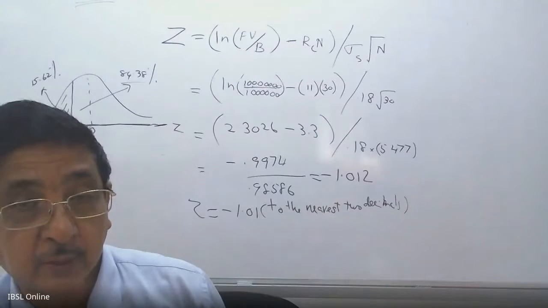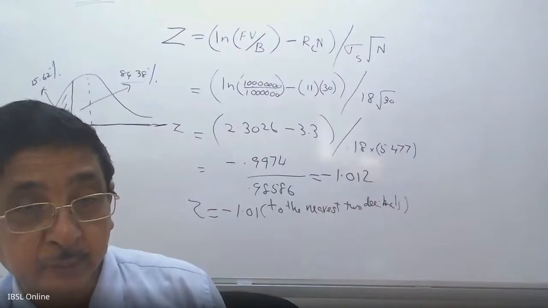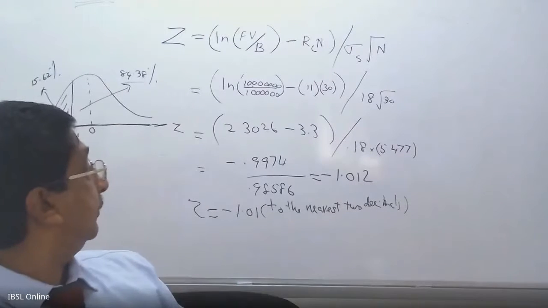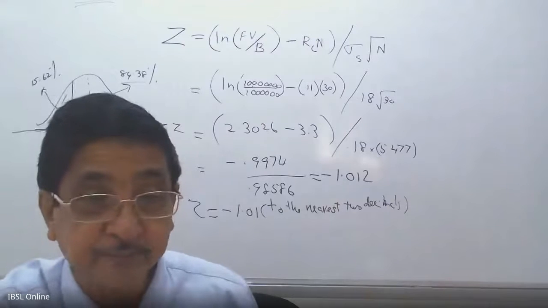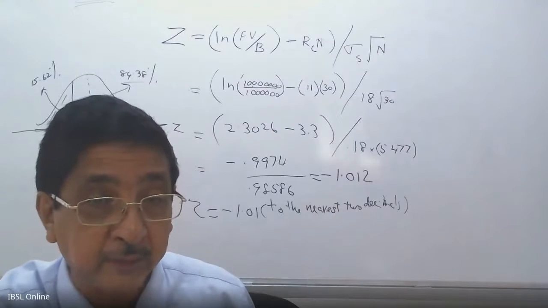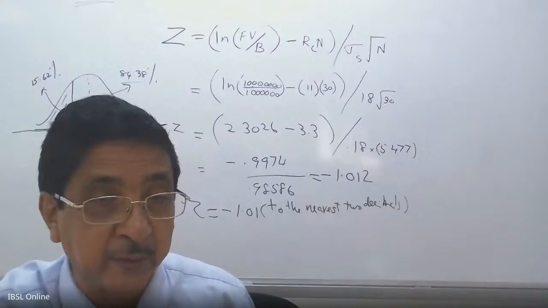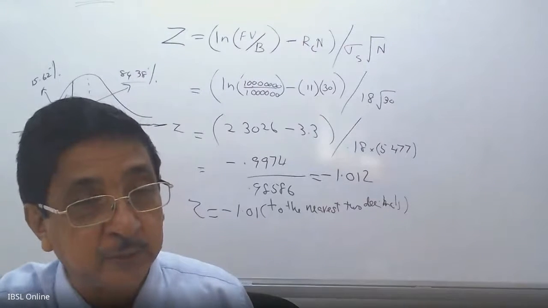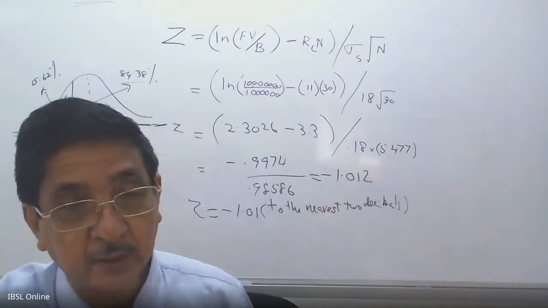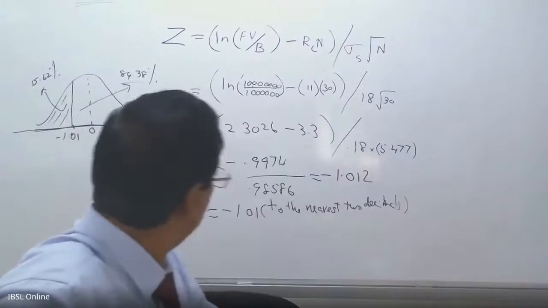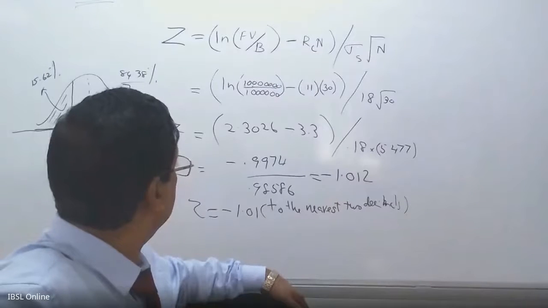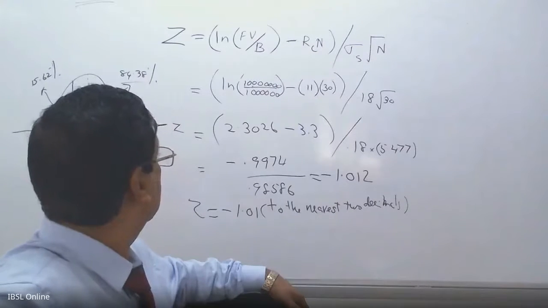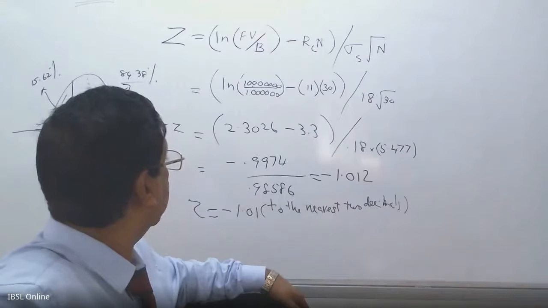So you calculate log 10, then minus 0.11 into 30, divided by 0.18 into the square root of 30. There you get log 10 is 2.3026.